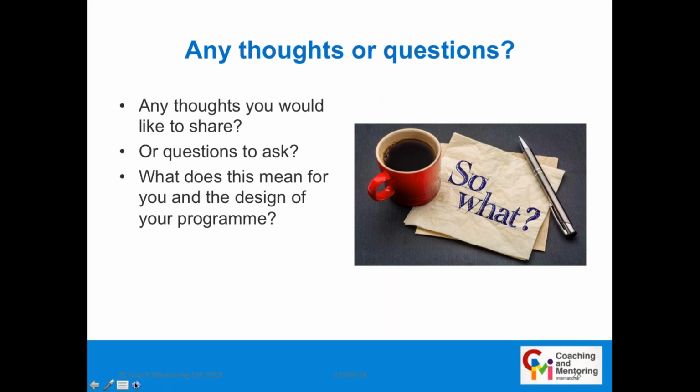I don't know whether we can do it to everybody. Okay, I'm not quite sure how we do that, so I'm not going to even try. But we can unmute individuals if you want to make a comment verbally. So does anybody want to make a comment in the chat room or the question room?